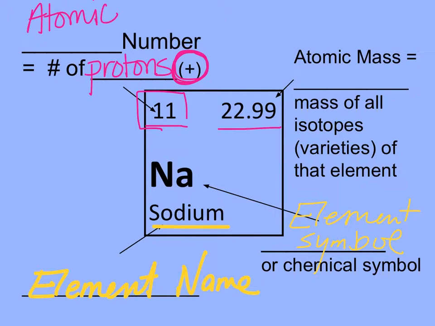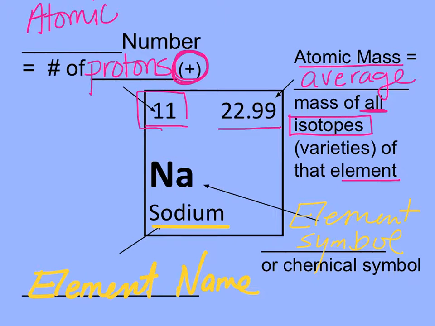The other number, which is the decimal, is called the atomic mass. The atomic mass is a calculation or an average of every single type of atom that exists for that element. We call those varieties or types of atoms isotopes.